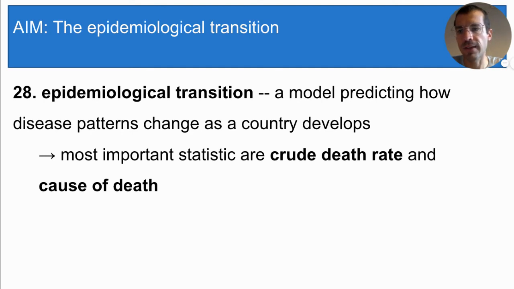It predicts that as countries develop, the most common type of disease in a country will change. So, in a stage 2 country, for example, this model predicts that the leading cause of death is from infectious diseases. But in stage 5, it predicts that the leading cause of death will be chronic disease. You're going to look more at this model in class.